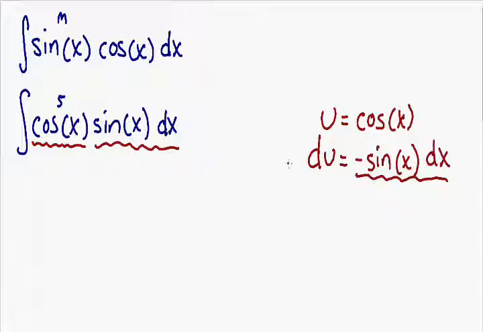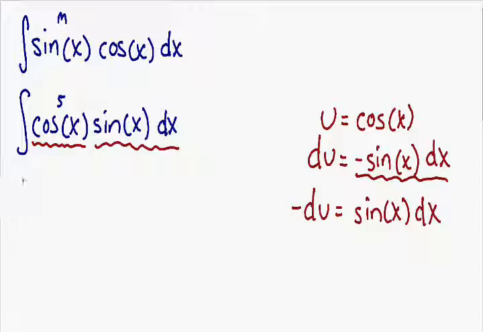So if we multiply both sides of this du by -1, a -1 times du is just negative du, and if we multiply -1 times the negative sine of x, then we get a positive sine of x dx. So now notice how we have a positive sine of x dx in our du, and we have a positive sine of x dx in our integral. So now it is going to be really easy to plug everything into our integral in terms of u. So let's do that now.